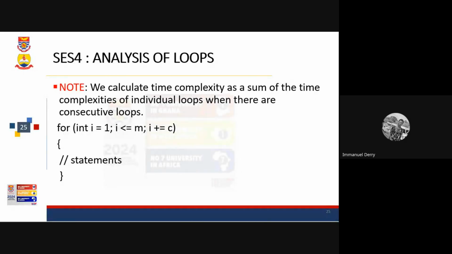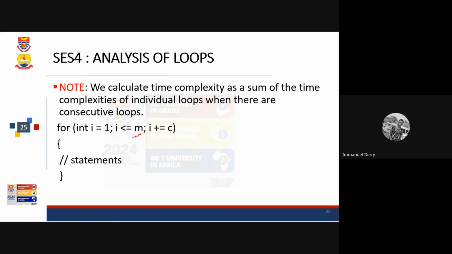Clifford, all right. So even aside that one, let's remember that we also have I less than or equal to M. So depending on the value of M, the value will keep increasing based on the value of the variable C. But when it gets to a number that is no longer less than or equal to M, the operation stops from that end.